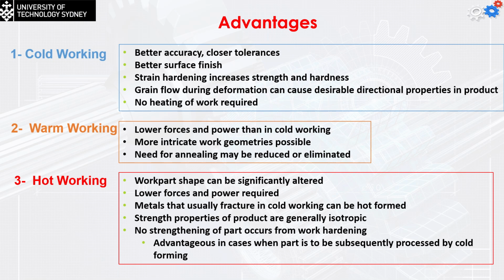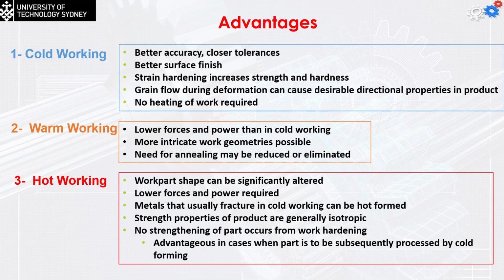In the hot working, the work part shape can be significantly altered, because now it has become much more controllable, because we reduce the stress to a lower value, and also we increase the ductility of the materials. Lower forces and power are going to be required, because both the K and the n are going to be reduced, and metals that usually fracture in the cold working can be hot formed, even cast iron.